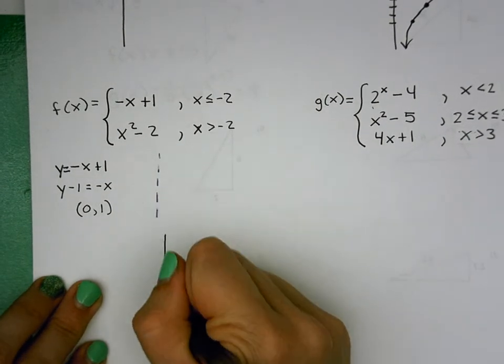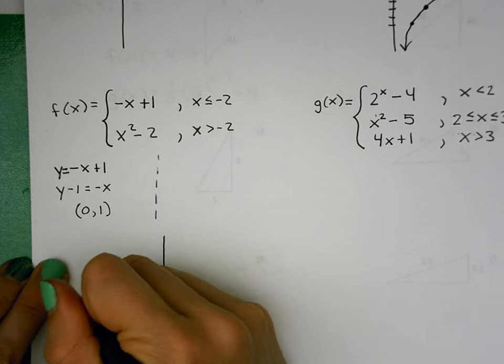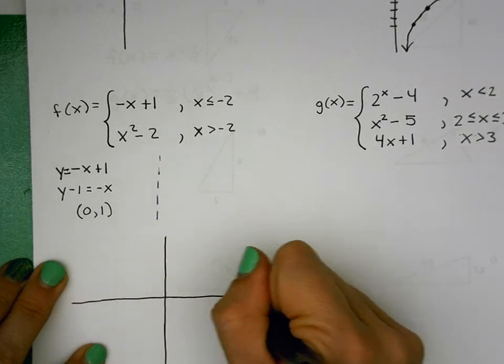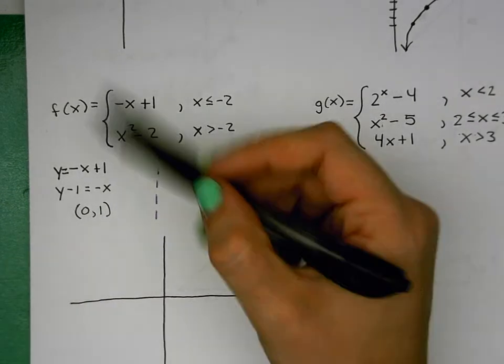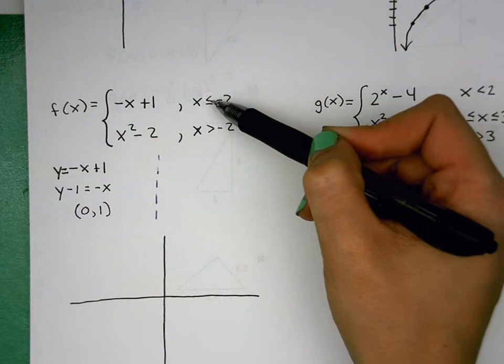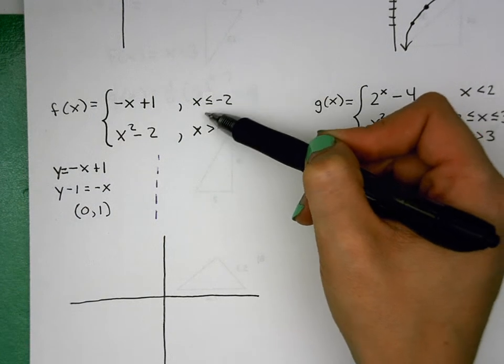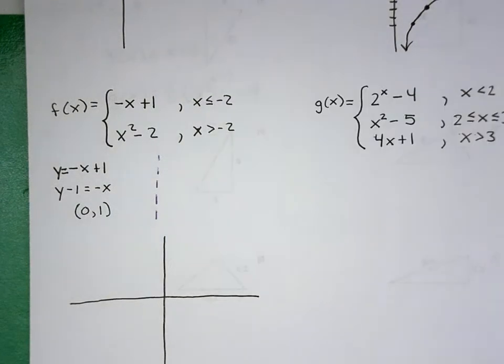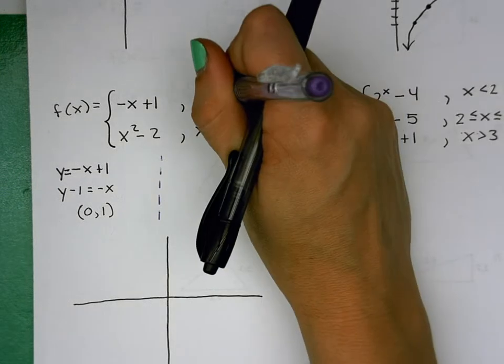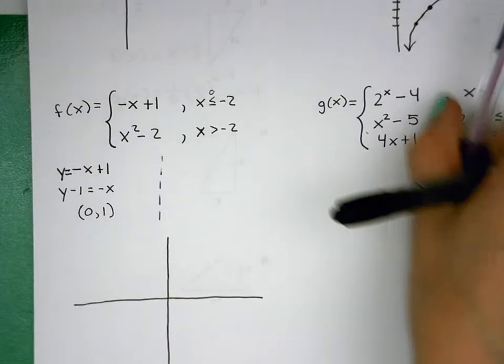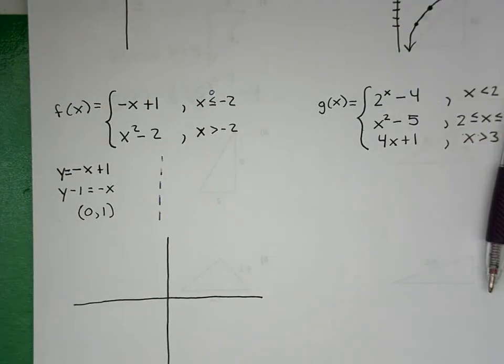Now, as I graph this, the only part of my linear function here that's going to show is what happens at less than or equal to negative 2. So I know I'm going to have a point at negative 2, and then I'm going to keep going left of negative 2.